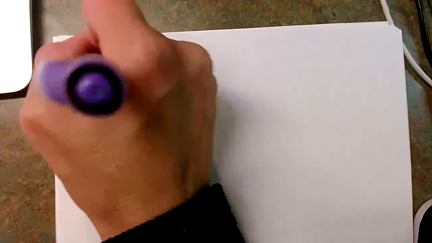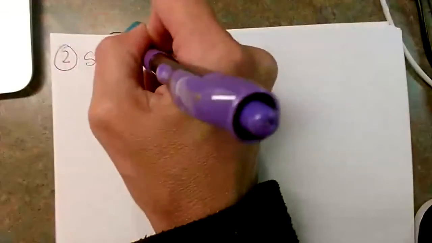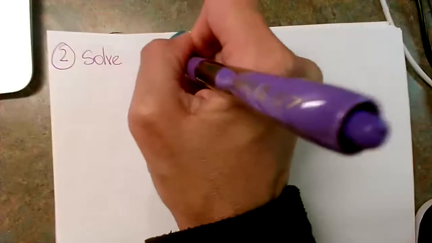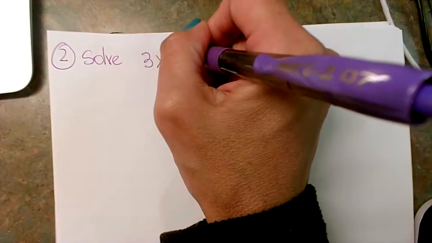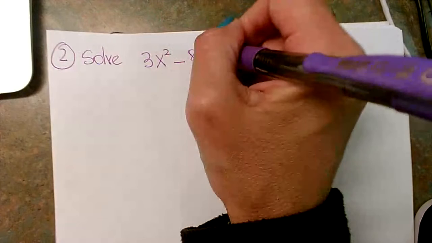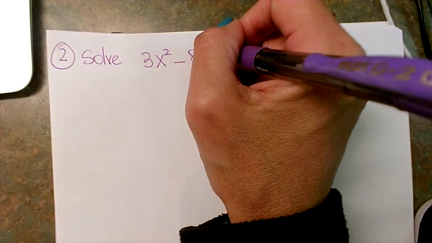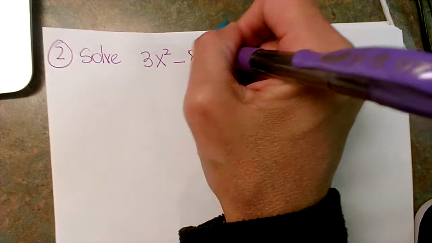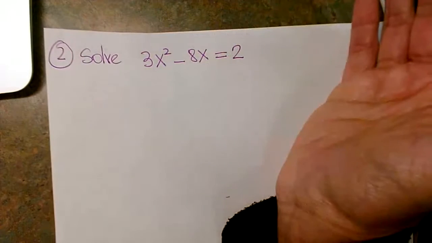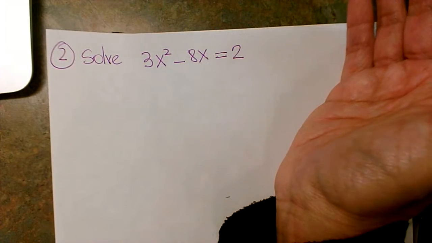Let's do another one. 3x squared minus 8x equals 2. What do you notice there?